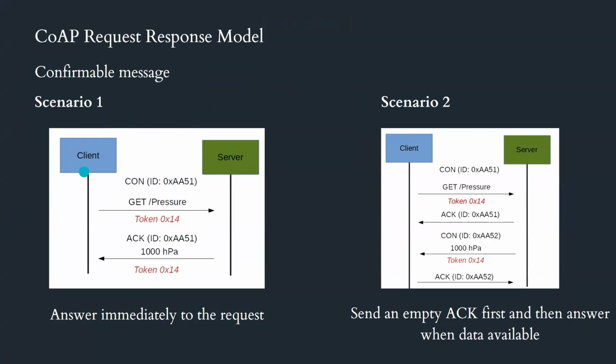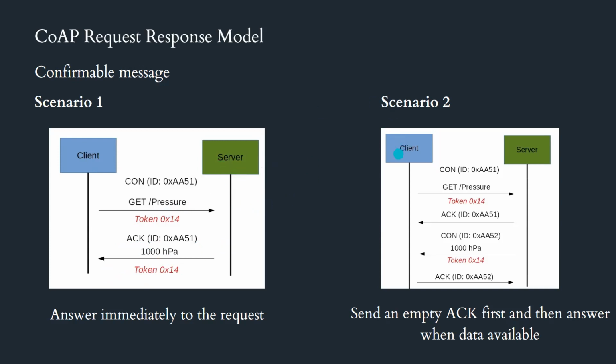The client is sending some data and requesting some data from the server. Let's say the client is requesting pressure data from the server. The server is sending the pressure data back to the client, so it is sending it as an acknowledgement message.